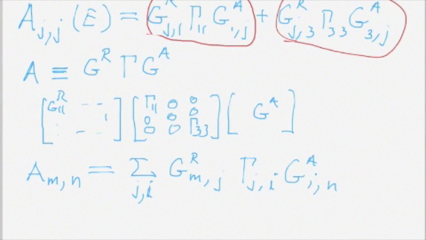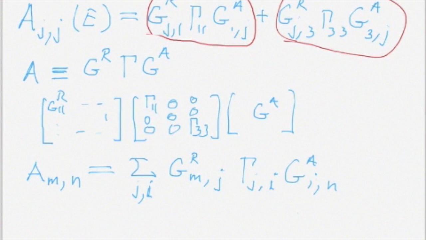And the important point is that there are only two non-zero elements of this gamma_JI in the middle. The only things that are there are gamma_11 and gamma_33.